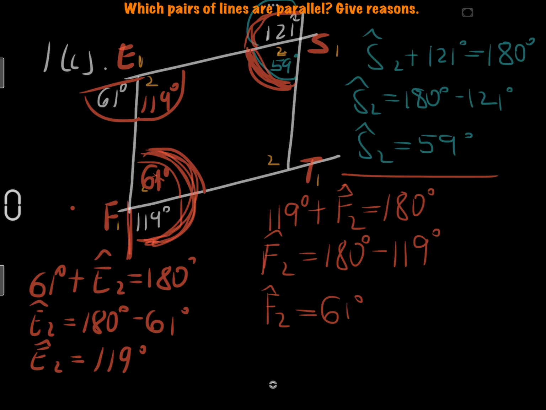Now we can use the concept of co-interior angles once again, since we already have angle E2 and angle S2.